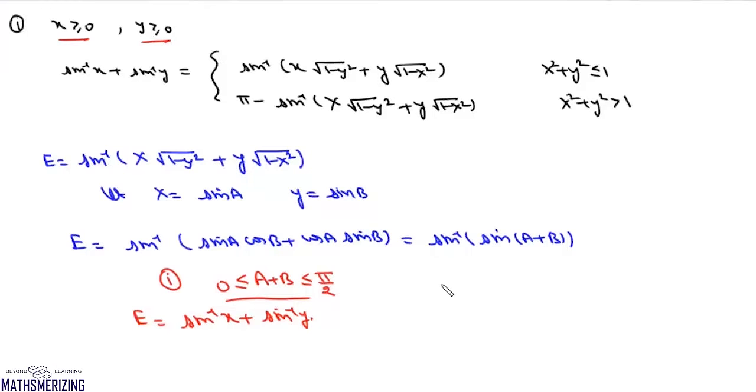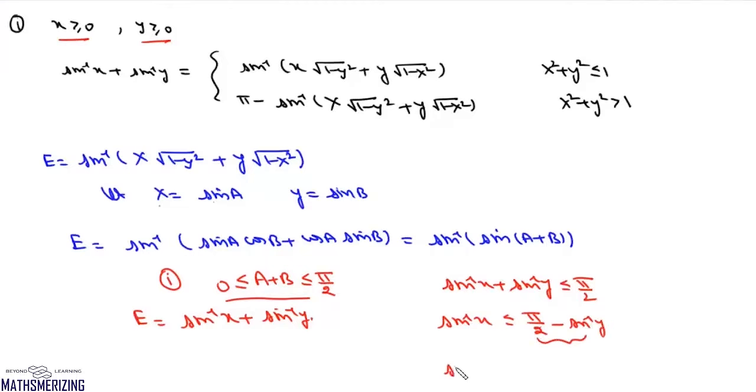So A is sin inverse of x and B is sin inverse of y. So we can write sin inverse of x plus sin inverse of y is less than or equal to pi by 2. Now we'll take this sin inverse y on the right hand side. So we can write sin inverse of x is less than or equal to pi by 2 minus sin inverse y, and pi by 2 minus sin inverse y is cos inverse y.